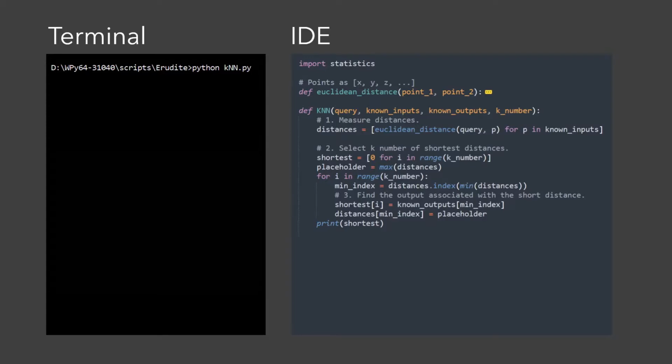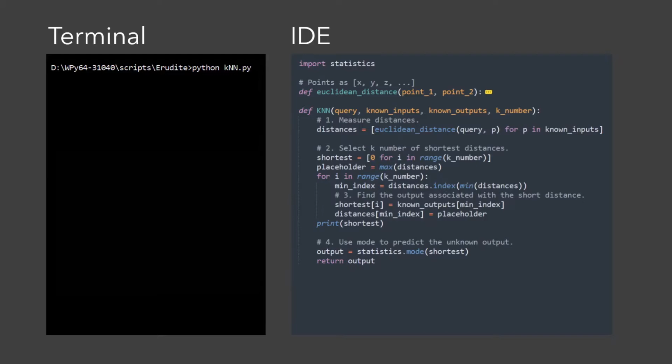So now we have that shortest set that has either chicken egg or quail egg in it, and we use mode, that statistics function, just to find out which is the most common value in our shortest, and that is our output. So in our example, chicken egg was the most common because there were 2 of those and only 1 of quail egg, so it outputted chicken egg, and that was the prediction.